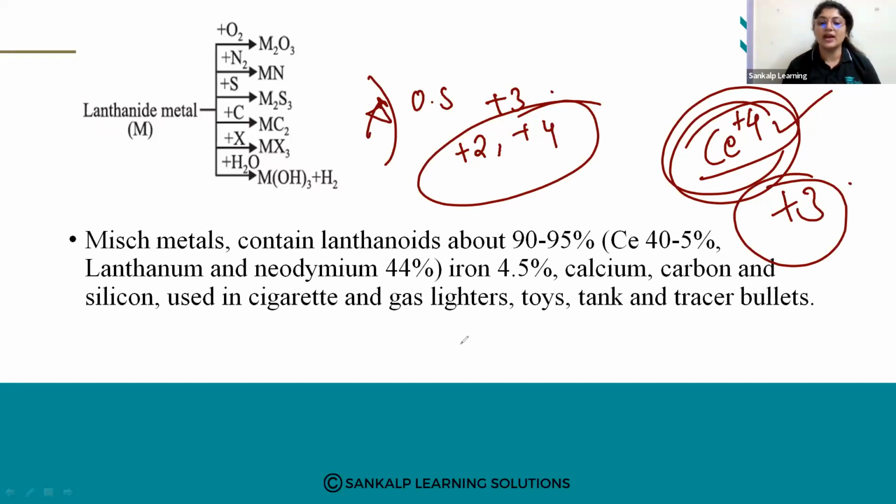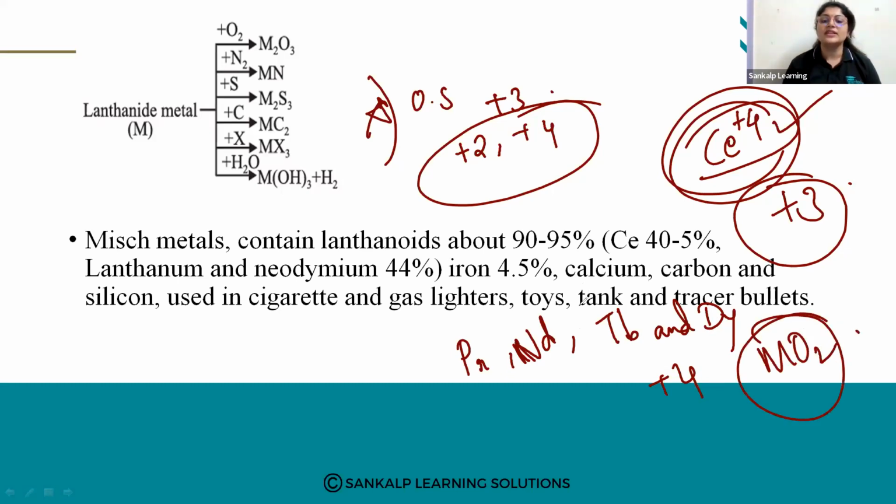The elements like Pr, Nd, Tb and Dy also exhibit +4 oxidation state, but only in the oxide forms. Similarly ytterbium, that is Yb+2, is a strong reducing agent and changes to +3.